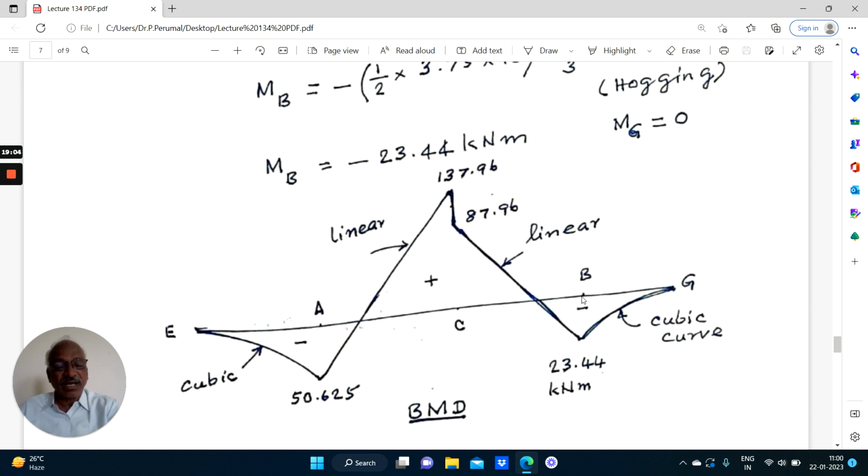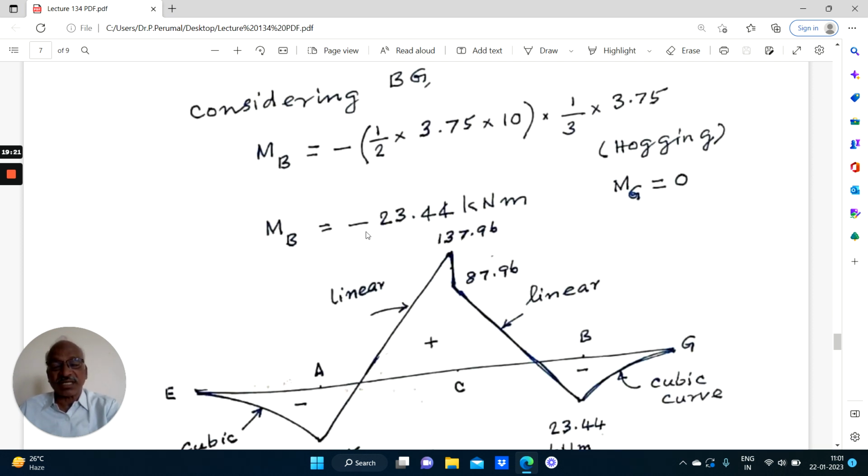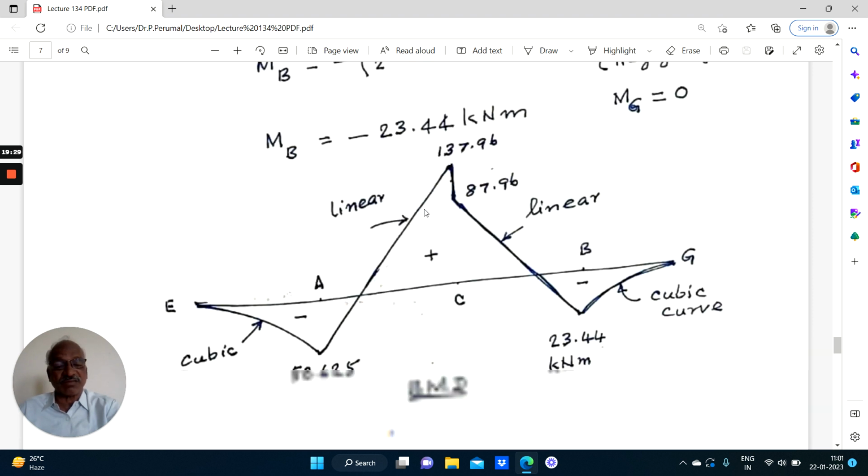So the load will be half into 3.75 into 10, triangular loading. When you take moment about the point B, into 1/3 of 3.75, it is hogging moment, we know. So calculating, MB equals minus 23.44. Even when you consider all the loads to the left of the section, you will have the same value, that we have already discussed.